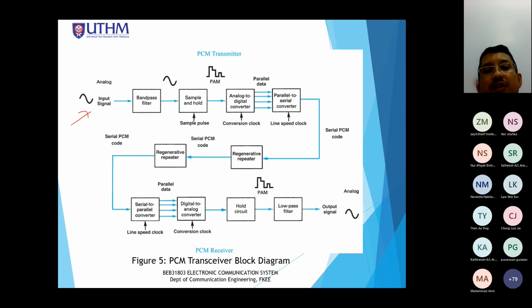The upper blocks are the transmitter, and the lower blocks are the receiver. We have the analog input, the band pass filter to select the desired frequency band, and then the sampling process. Then quantization and the encoding process produce a PCM code word, and we convert the PCM code word into digital pulses. Then we transmit through the medium.